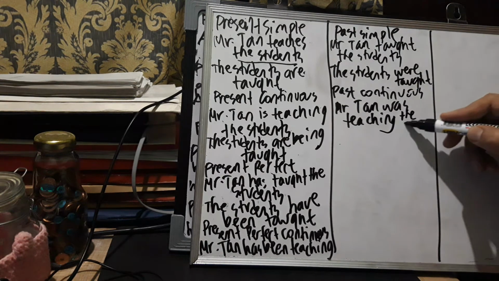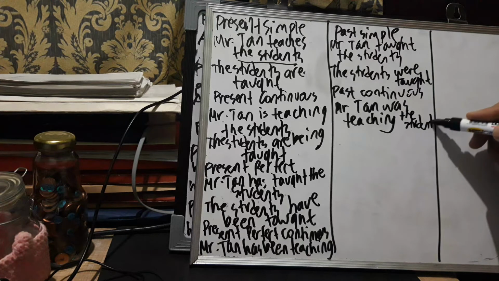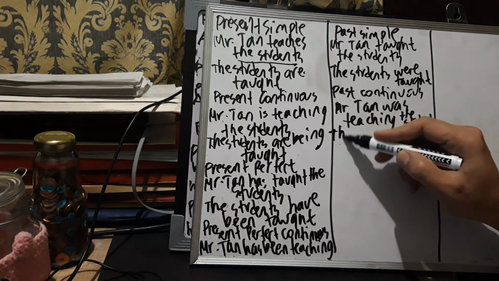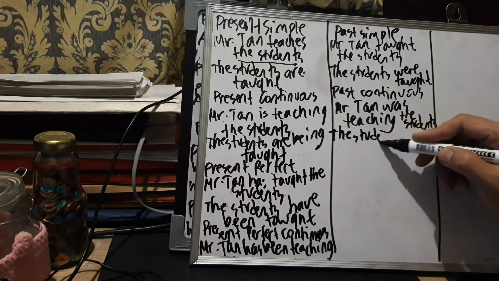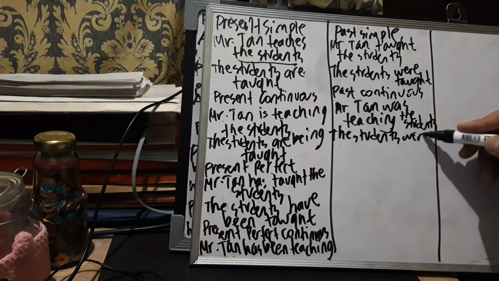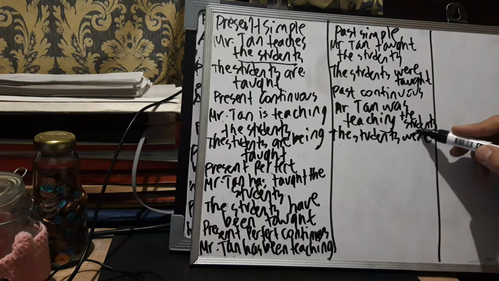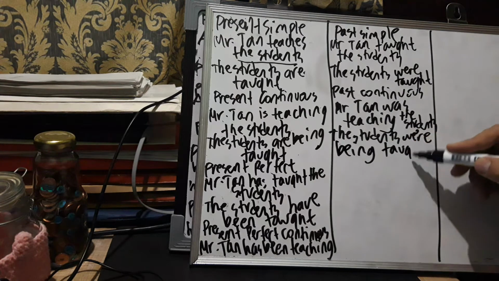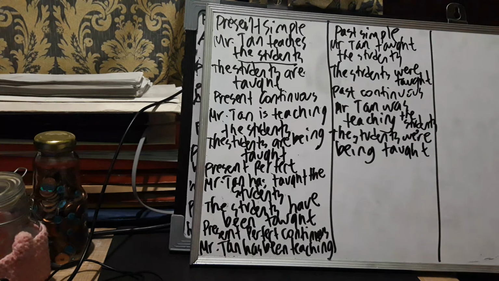Teaching the students. And how do we change that into its passive form? It becomes the students were, okay, the students were being what? Taught. Because the pattern of past continuous is we have your what? Was, were, being plus the past participle.